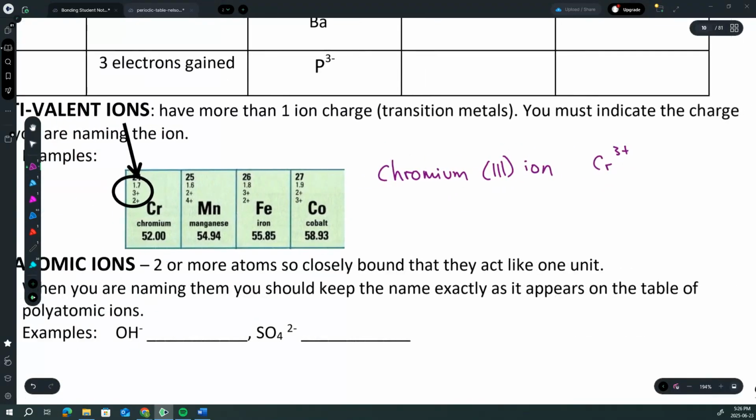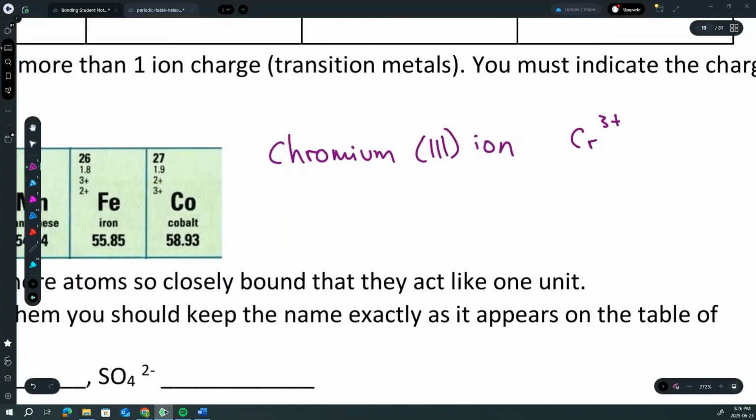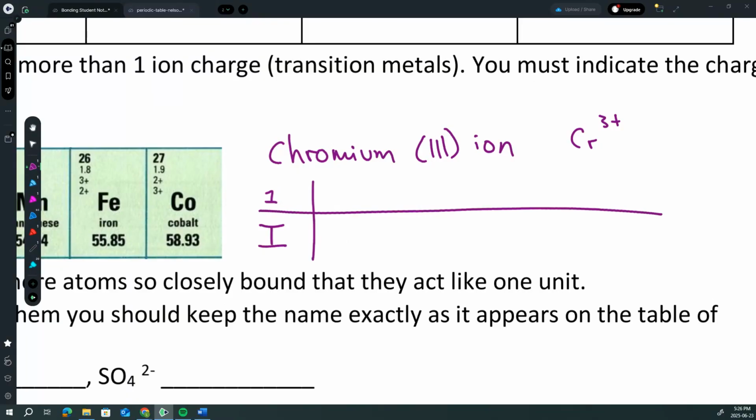As a quick refresher of Roman numerals, 1 is going to be just that. Okay, let's create a little table. The Roman numeral for 2 is that. Roman numeral for 3 is that. Roman numeral for 4 is this.